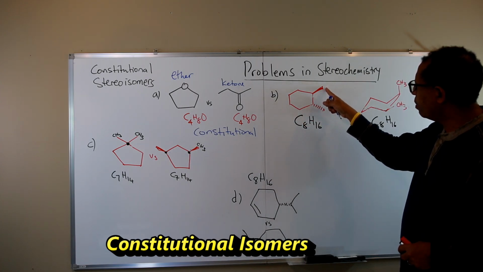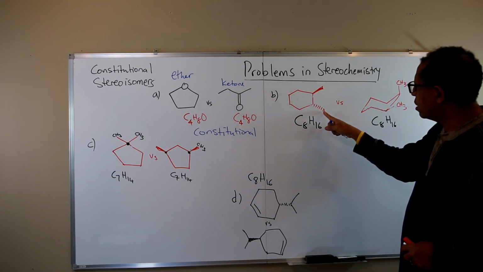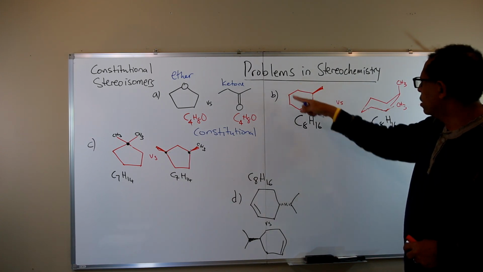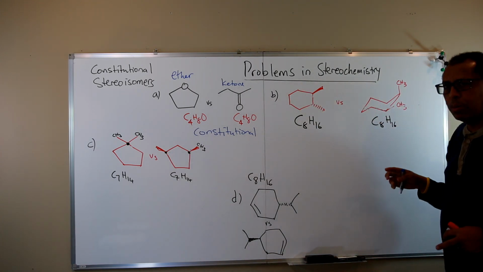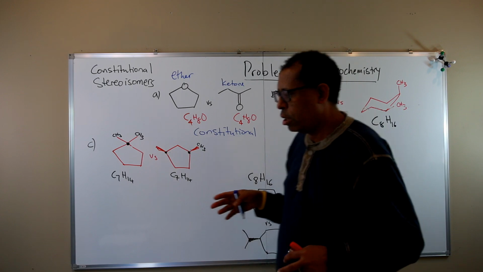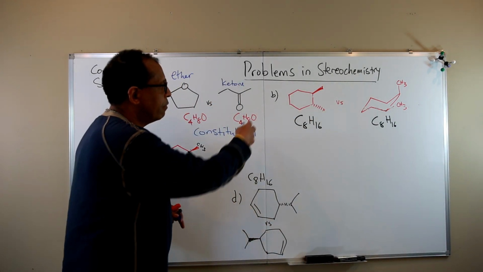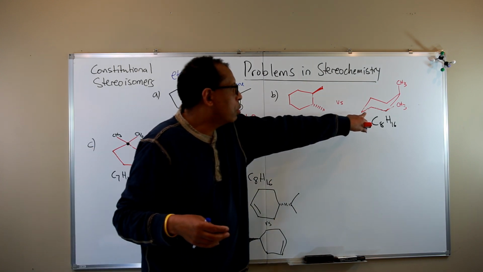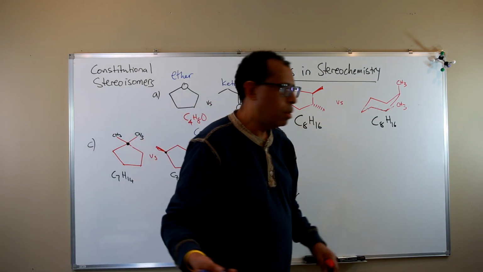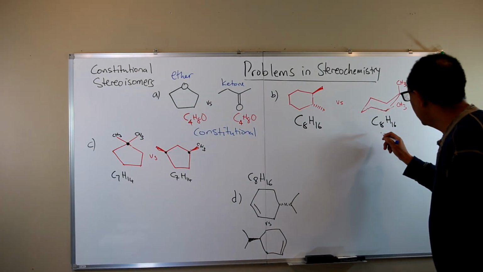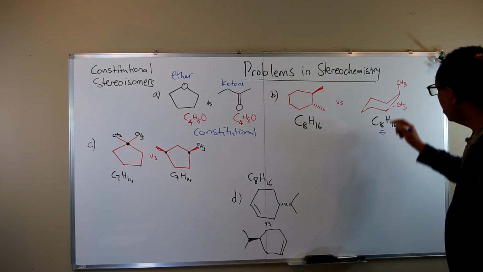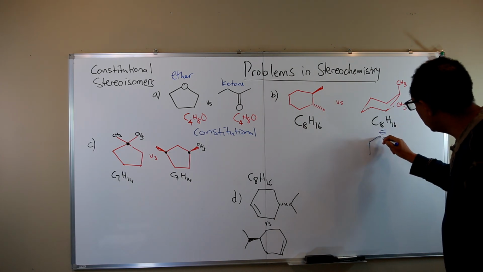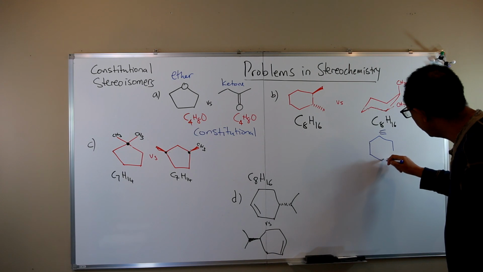So there is a carbon-carbon bond, there is a carbon-carbon bond, the rest is the same. So in order to make sure that you have a similar kind of comparison, you ought to change this into the flat cyclohexane form, which I would just change into this form.